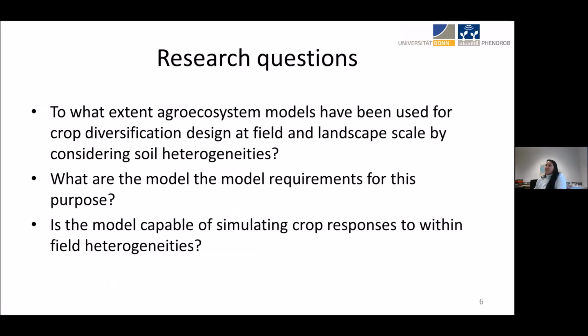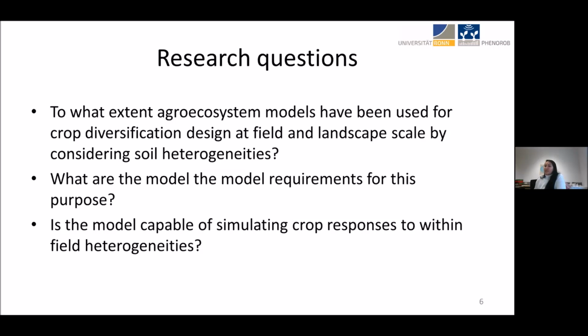Some of the research questions that we are trying to answer during this presentation are mostly three of them. We would like to know, first, to what extent agroecosystem models have been used for crop diversification design at field and landscape scale by considering different soil heterogeneities.